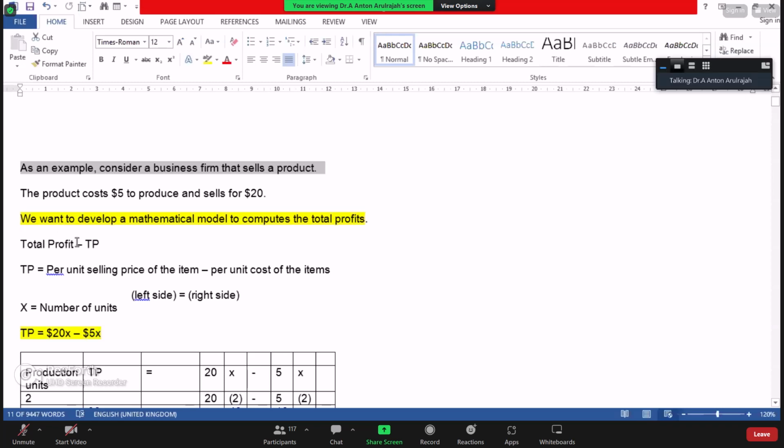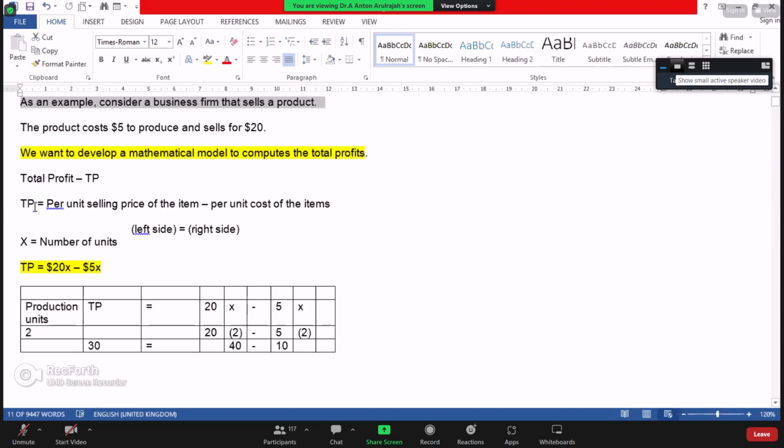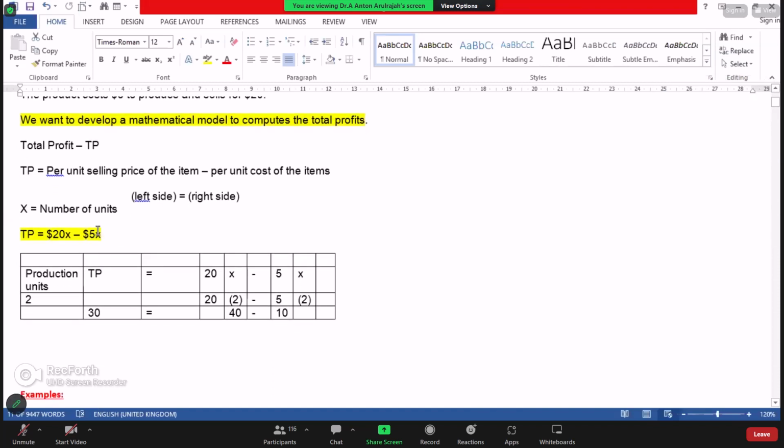Simply, total profit TP is equal to the per unit selling price of the items minus the per unit cost of the items. The equation has two sides, left side and right side. x denotes the number of units. So we can derive these equations for the model.